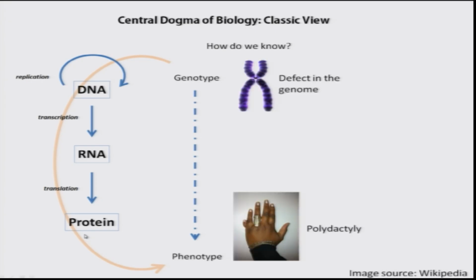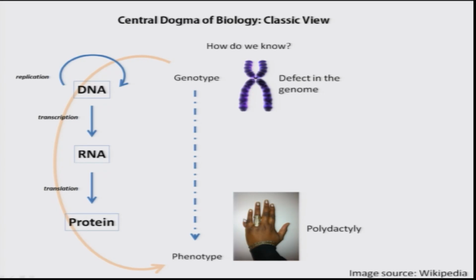So what we talk about as genotype is the chromosome. The chromosome carries your genetic material, about which we will come back a little later, maybe in the second or third lecture. And this information that is there in the chromosome is transmitted or expressed as a phenotype. What is shown here is a condition called polydactyly, wherein an individual could have a sixth finger.